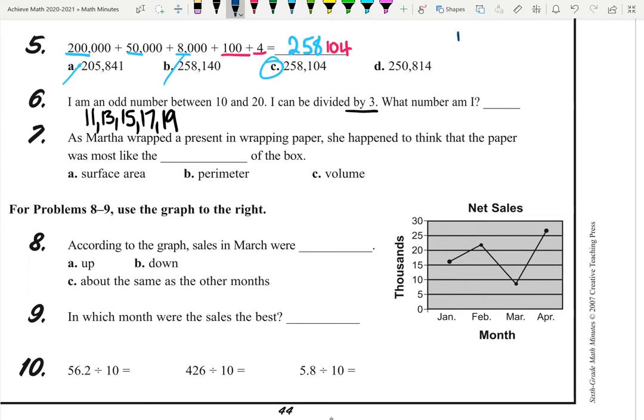So I'm going to do 11 divided by 3, 13 divided by 3, 15 divided by 3, 17 divided by 3, and 19 divided by 3. Pause, take a moment. The only one that's not going to have a remainder is 15 divided by 3. That's 5.